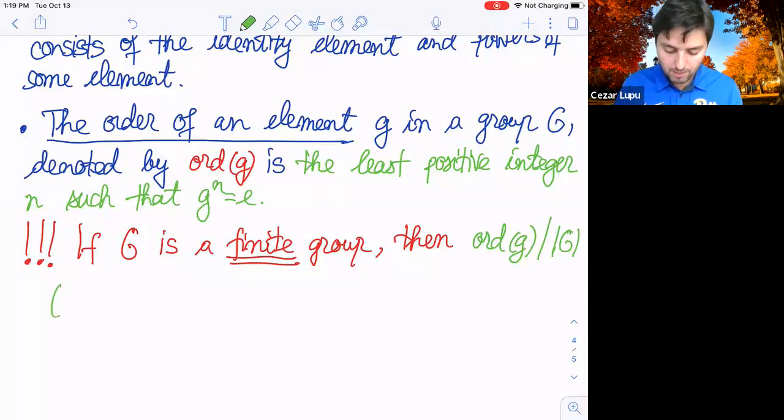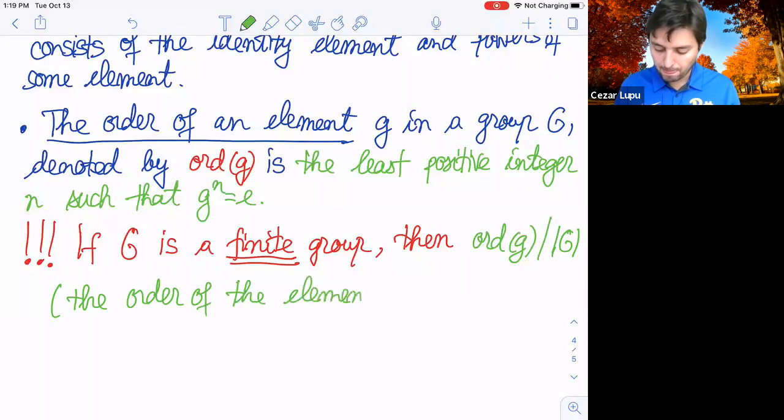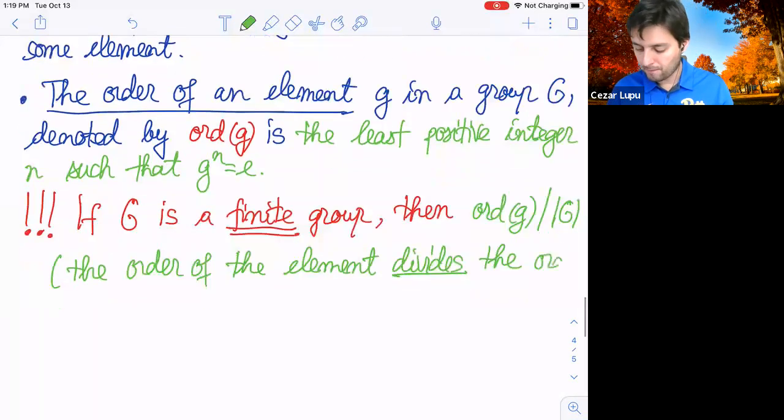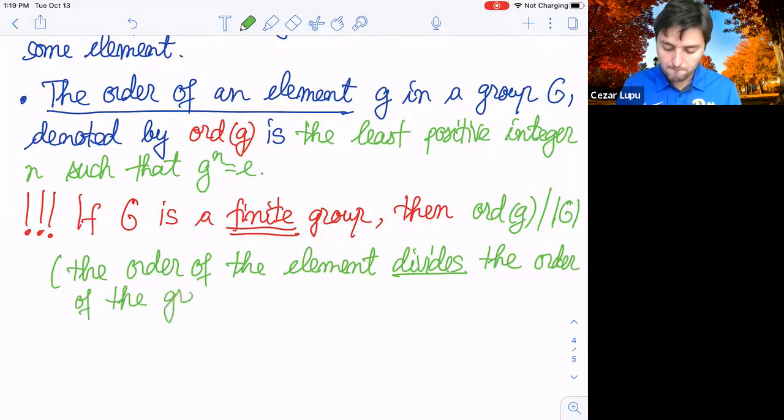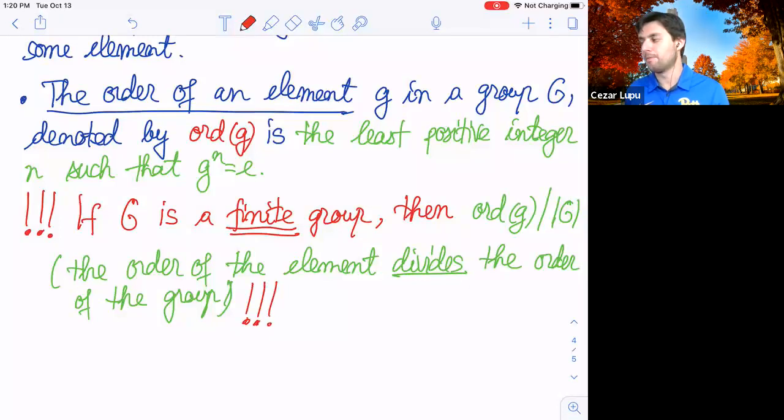So the order of the element divides the order of the group. Keep that in mind. This is important. Always this happens when you deal with a finite group, right?